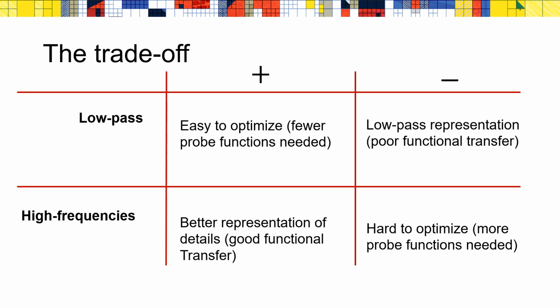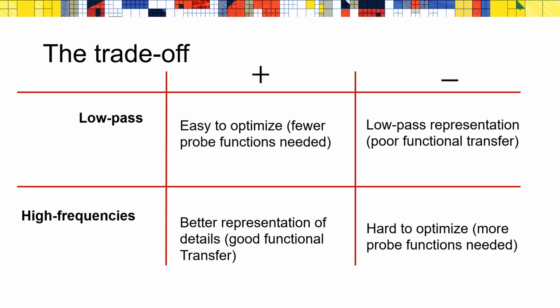If we consider a small set of Fourier bases, we have a low-pass representation, and this low-pass representation is positive due to the fact that it's easy to optimize for functional maps when we use only a small number of Fourier bases, because the functional map in this case has a small size. And also for the optimization, a fewer number of probe functions are required.